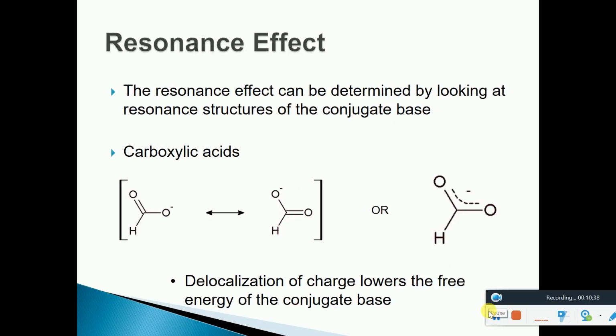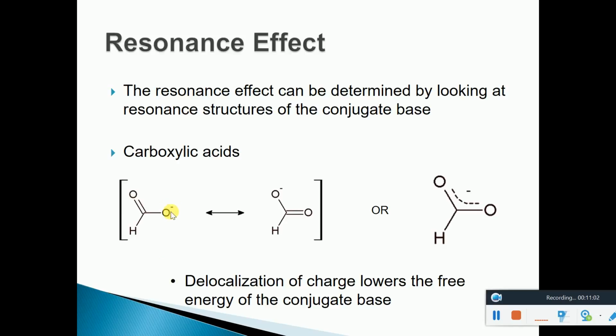So we can also talk about the resonance effect. The resonance effect can be determined by looking at resonance structures of the conjugate base, which we just saw one of. So we'll talk about that specifically. Here is a carboxylic acid. Again, make sure that you know all your functional groups here. If we said carboxylic acid, make sure you know what that would mean.